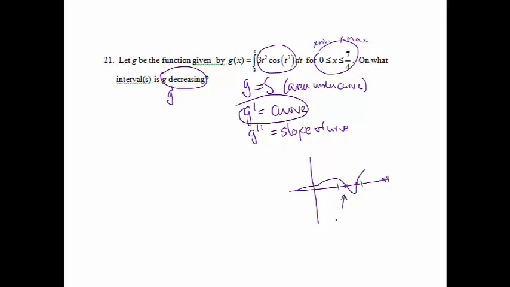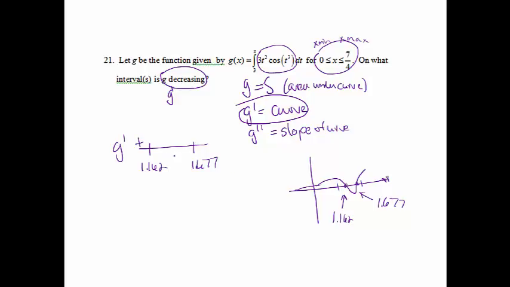So if you do the zero feature on your calculator, this will equal 1.162, and the second one will equal 1.677. So I'm going to do a g prime chart, and I'll put 1.162 on it, and I'll put 1.677 on it. And I can tell looking at the curve, before I get to 1.162, my y values are positive.